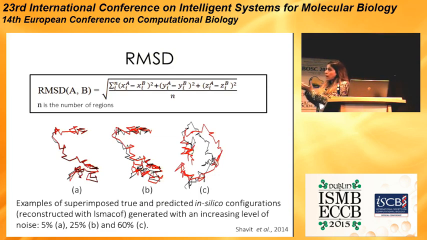Basically, RMSD: given the model that you generated and the model that you predicted, you want to see how similar they are. You see here three examples. A is two superimposed models that are very similar, so the RMSD will be smaller compared to two superimposed models that are very different. So the RMSD will increase from A to B and from B to C.